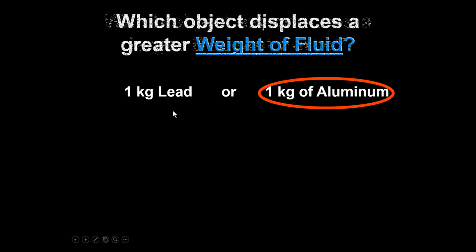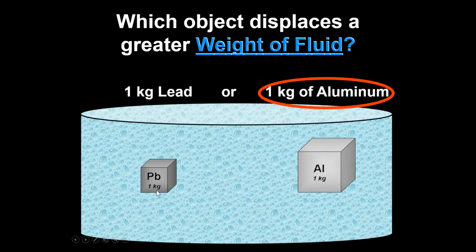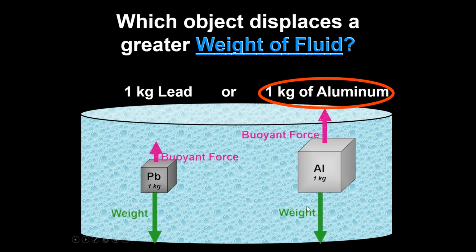And that's because we have to understand that aluminum is a lot less dense than lead is. 1 kilogram of lead is going to be this big. 1 kilogram of aluminum is going to be a lot bigger because it's not nearly as dense. So this is displacing a lot more fluid, and it's going to have a bigger buoyant force.